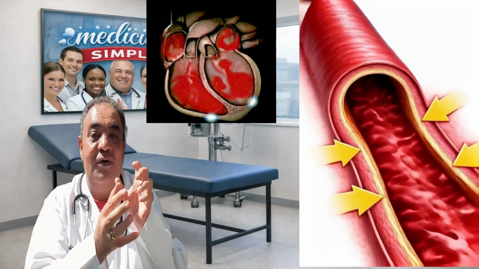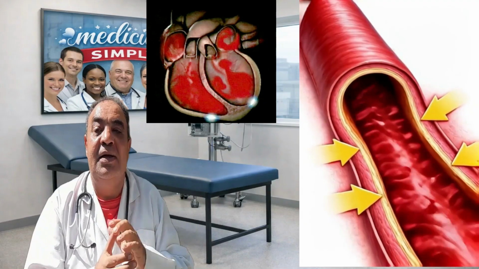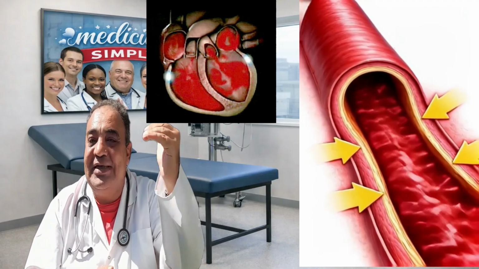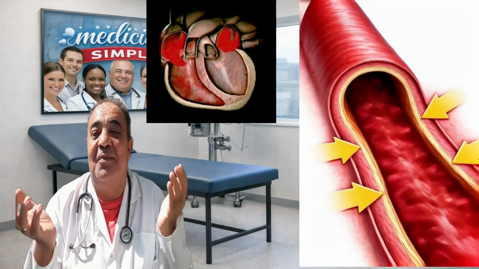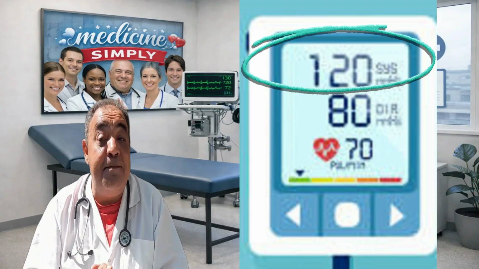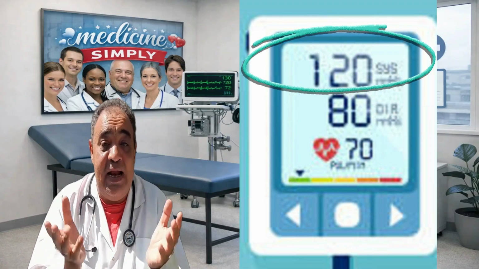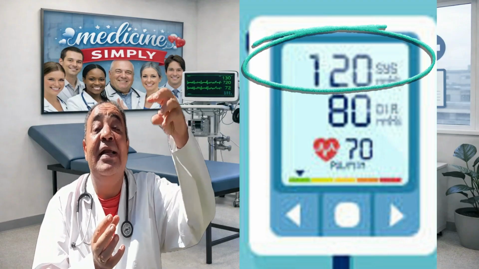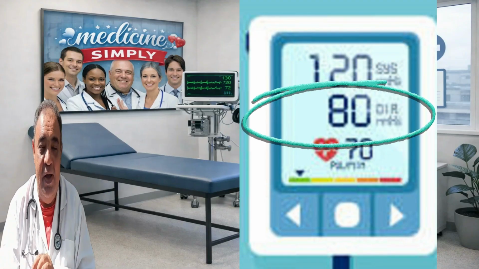Imagine, as you can see in the picture, that the heart pumps and the blood moves forward through the arteries. So what is the deal with the high and the low? The high, which is usually normal, is 120, as you know, and the low, which is normally 80.